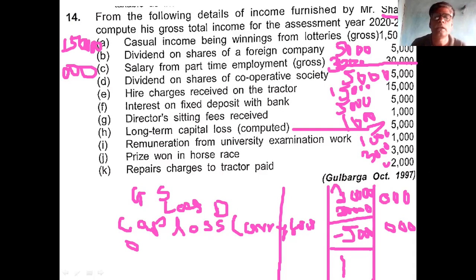Then plus hire charges of tractor 15,000. Then plus interest on FD with bank 5,000. Then director sitting fee 1,000.